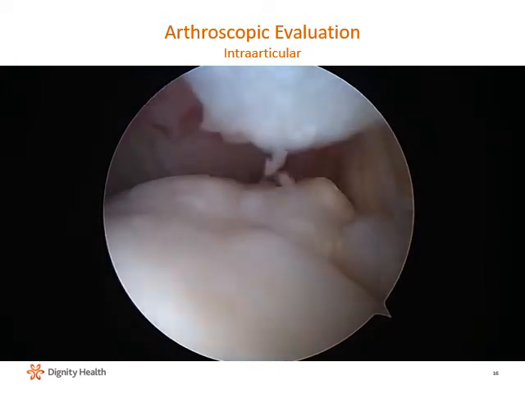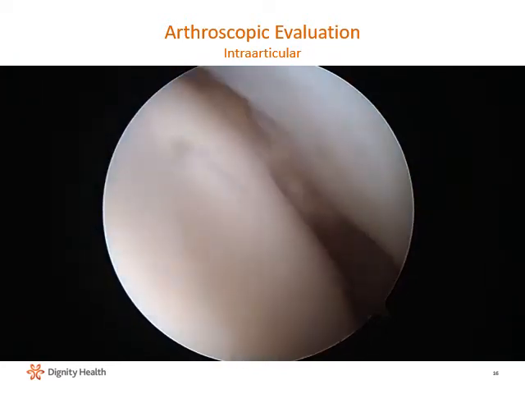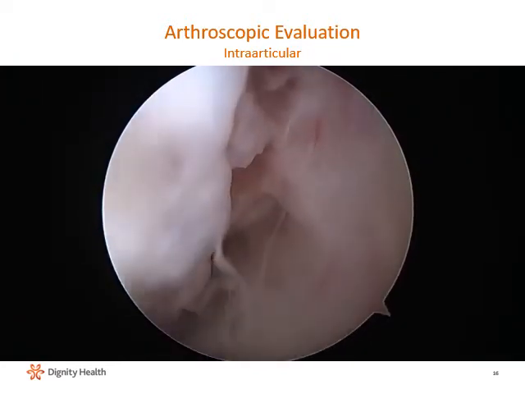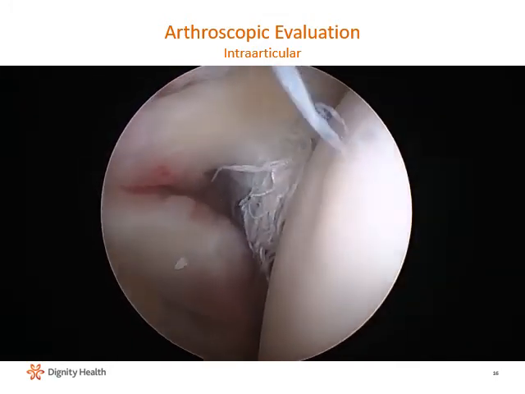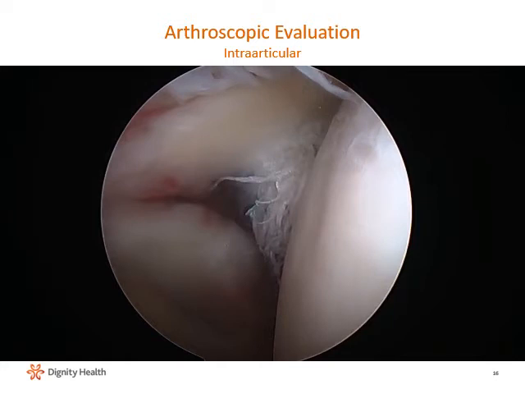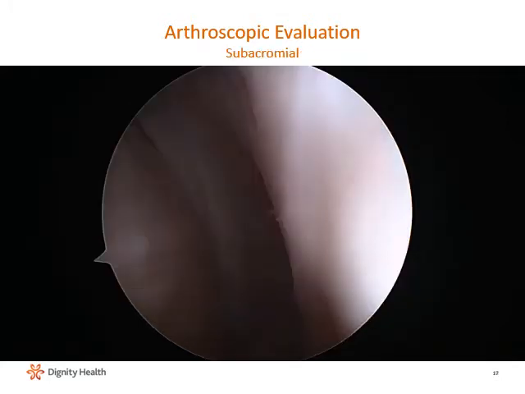And as we go back further, this is the rotator cuff surrounding the entire ball. This is actually all normal rotator cuff tissue further back. Clearly in this patient there's some fraying and tearing of the biceps tendon as well here. So that's a real quick visualization of the intra-articular or joint part of the shoulder.